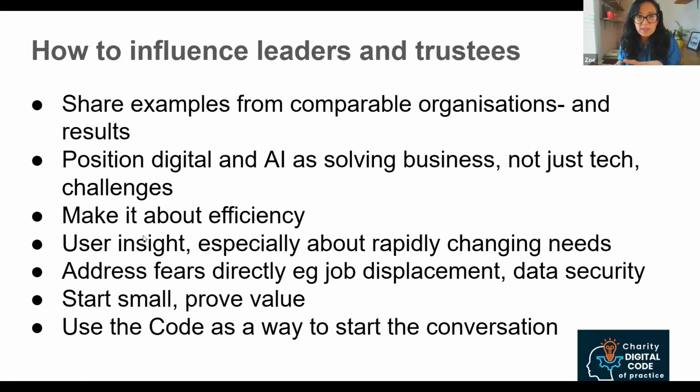So some of you may have tried these things already, but these are all tried and tested things we've seen work really well with leaders and boards in charities. For example, sharing examples from comparable organisations. And I say comparable because if you're, say, a mental health charity, I would be looking at other mental health charities, but also organisations in the mental health space who don't need to be charities, but could be doing something really interesting in AI, or some really fascinating digital service where you think there are learnings for your charity.